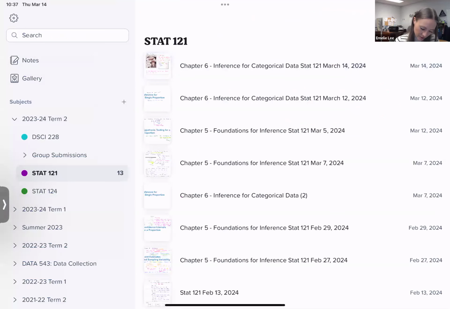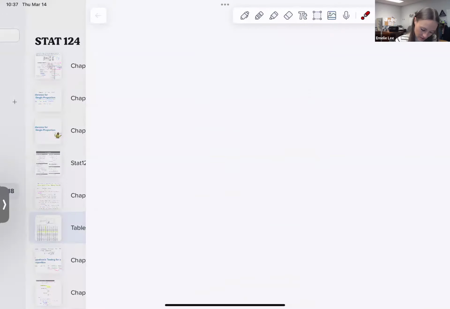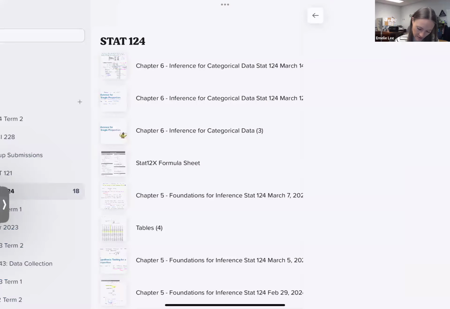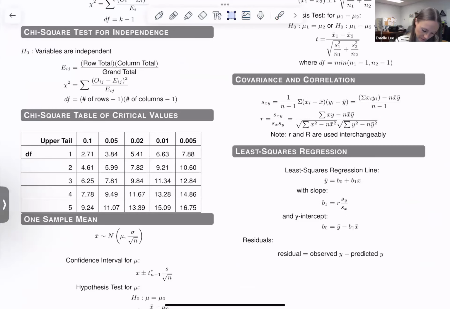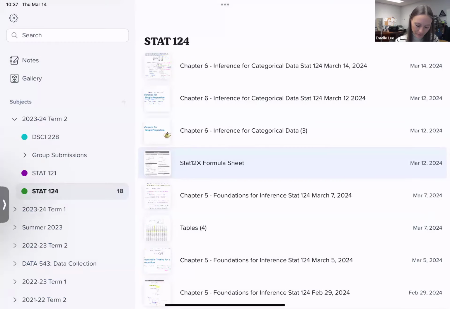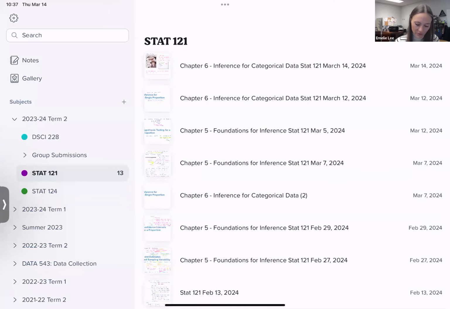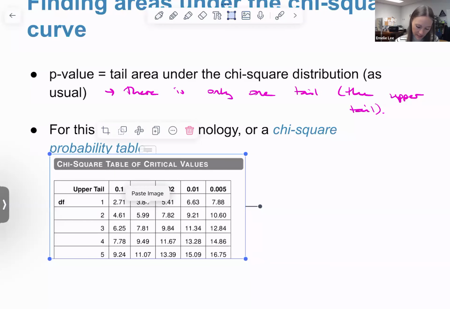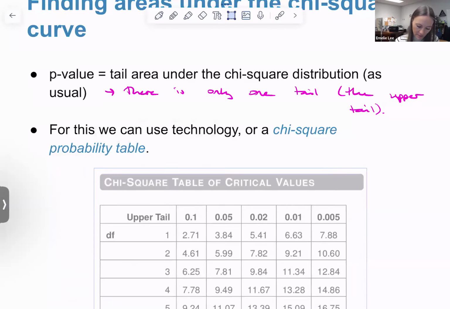Now, on your formula sheet, you have a mini version, and this is all you'll need. I'll make sure that this is all you need, or I guess if you need more, I'll give you a bigger table, but they all behave the same way.